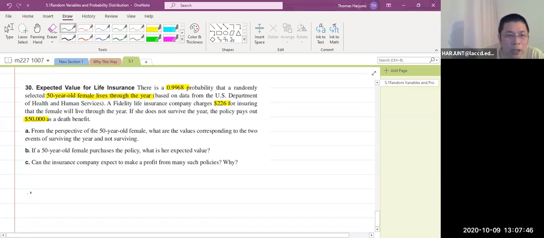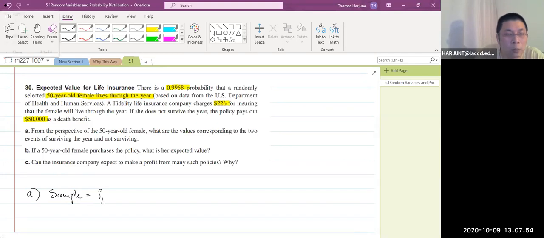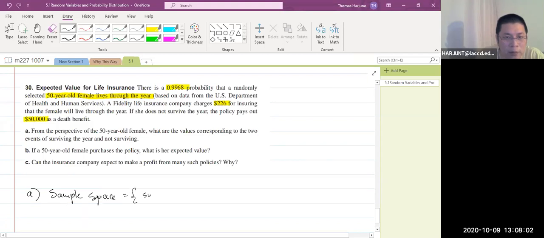So part A, the sample space is, for a 50-year-old female point of view, surviving or not surviving. Survive or not survive.